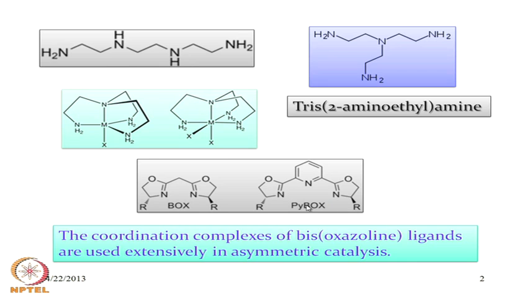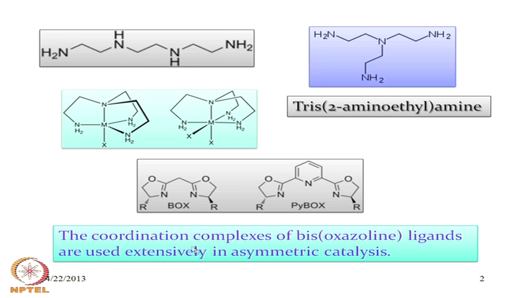So, we get a PyBox ligand. PyBox ligand is a typical tridentate ligand, but this particular ligand is a different one compared to the pyridine ligand, because the geometry is different, its coordination is different, and the corresponding metal nitrogen bond distance and the corresponding strain on the ligand is also completely different.